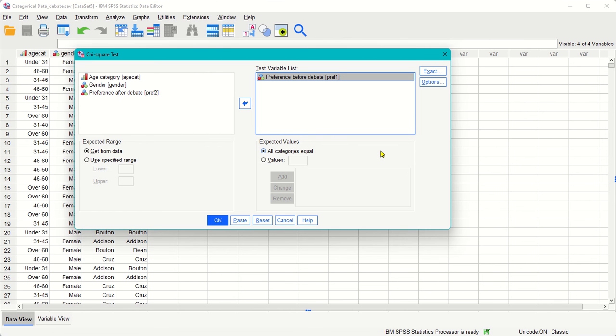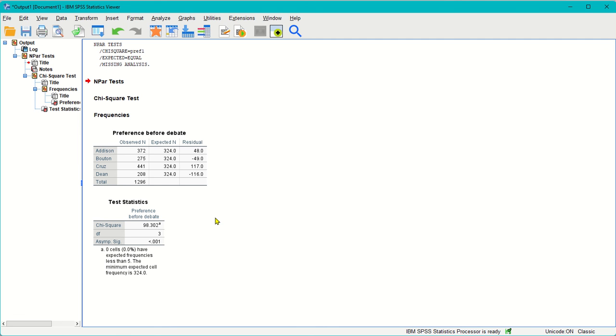We're going to assume that all of the categories are equal, so we're not going to change the expected values. However, if you know beforehand, remember you can have a hypothesized number, you can add that here. We're just going to click OK. To see if there is a significant difference, you look at the Sig score here, and if it's 0.05 or less, then you have a significant difference, and it is.